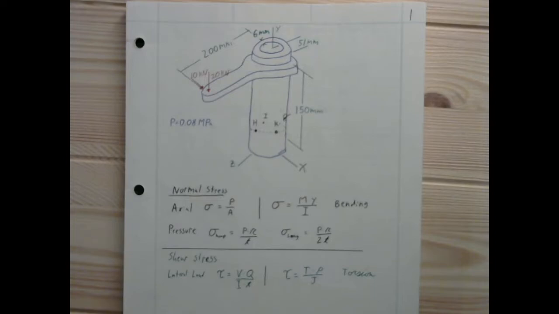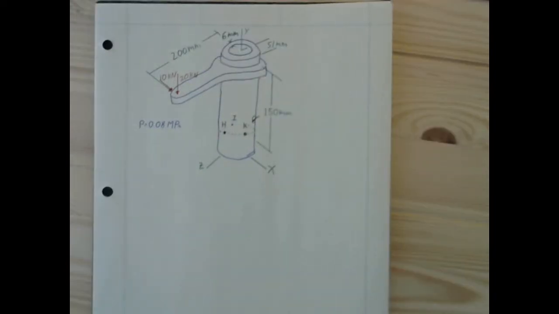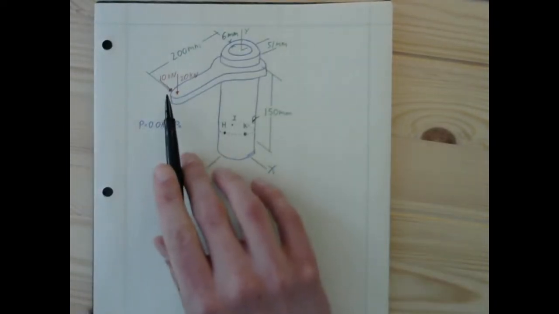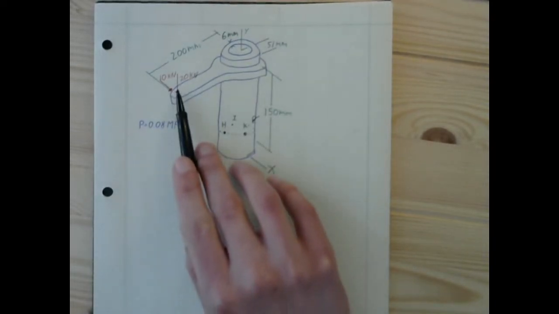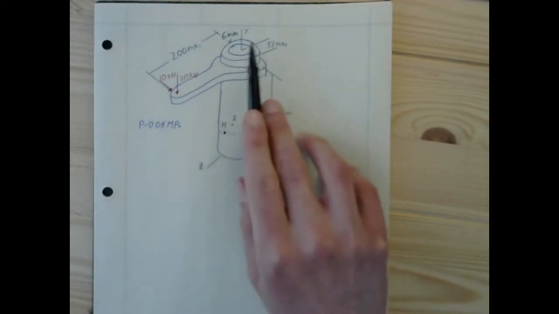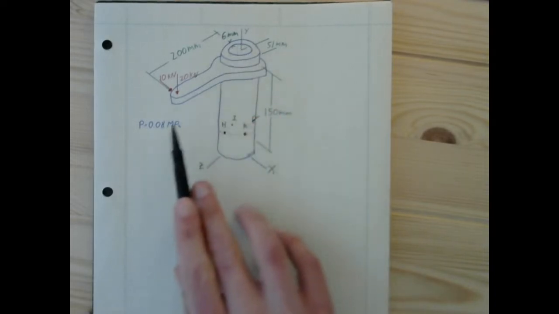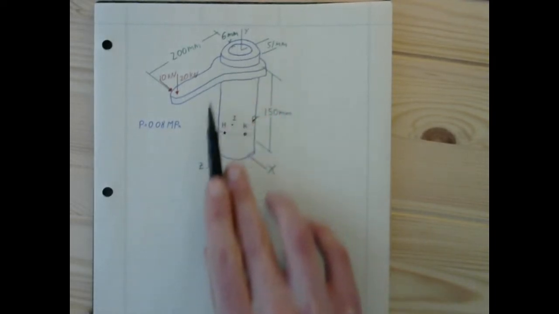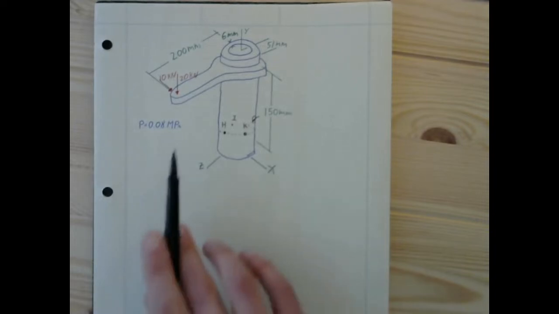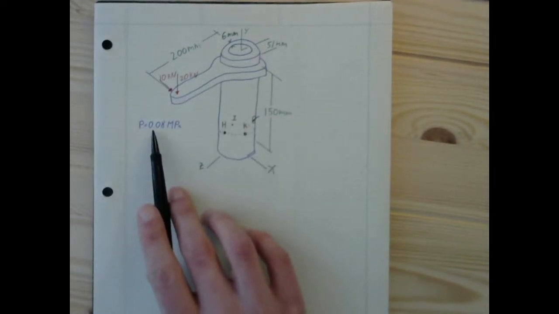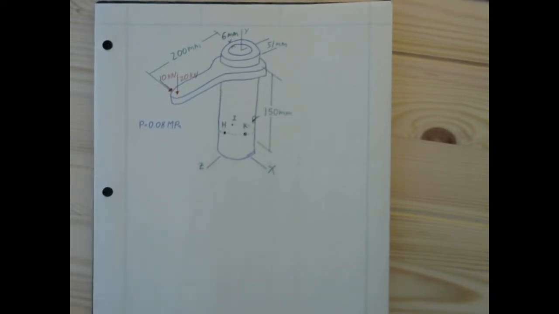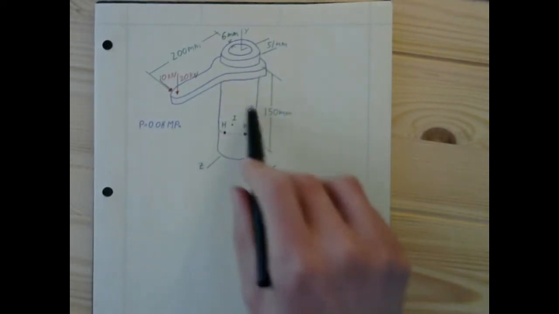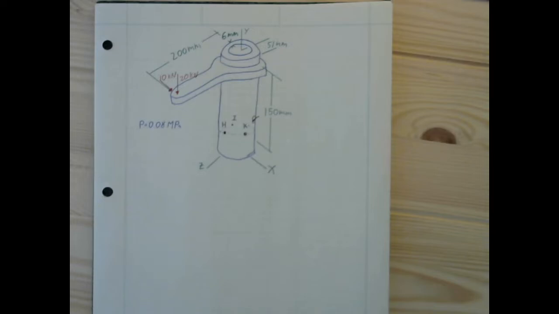We are presented with this problem, which features one load over here in the x direction, one load over here in the y direction, and a pressure of 0.08 megapascals on the inside of this cylindrical tank.